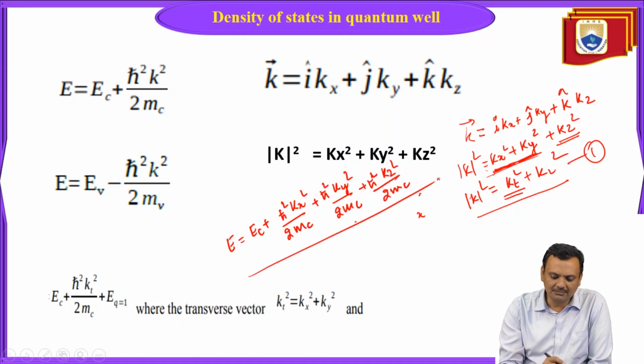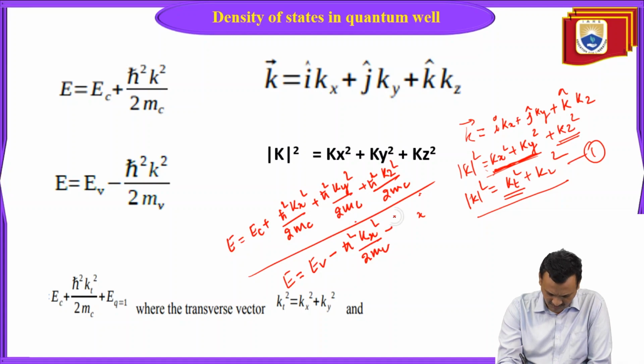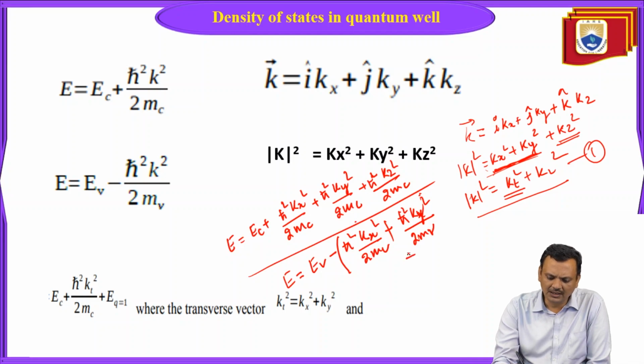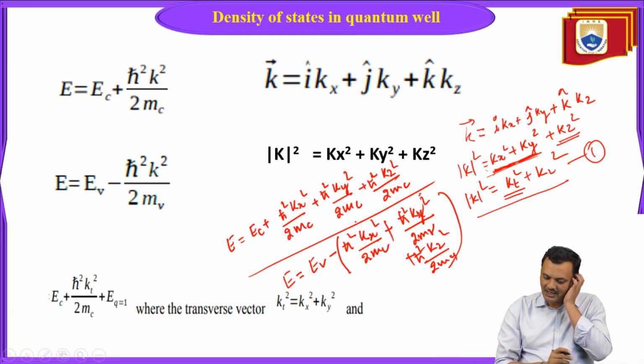This is for the conduction band region. For the valence band region, E is equal to EV minus, taking a bracket here, H cross square Kx square upon 2 MV plus H cross square Ky square upon 2 MV plus H cross square Kz square upon 2 MV.